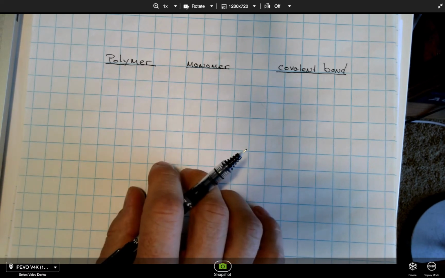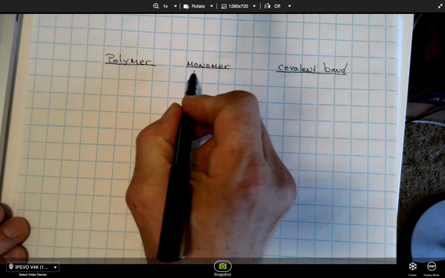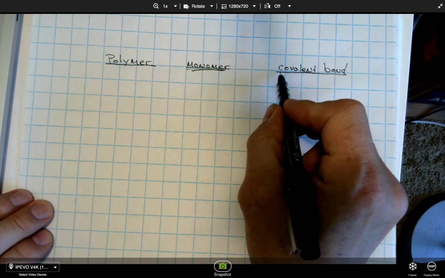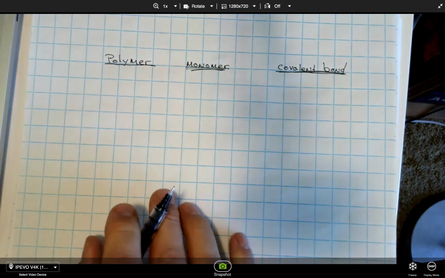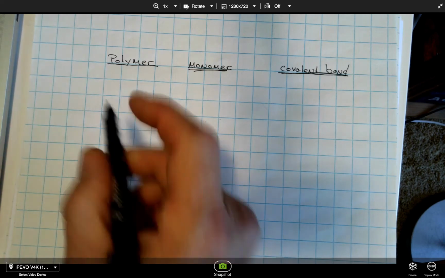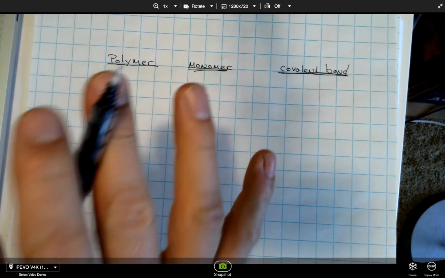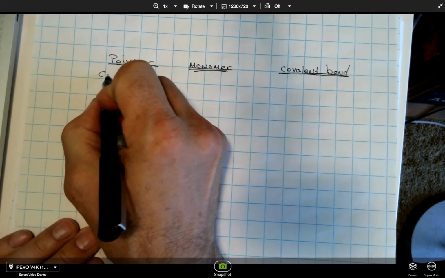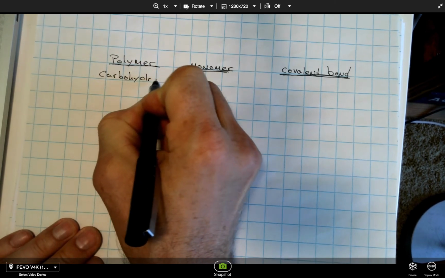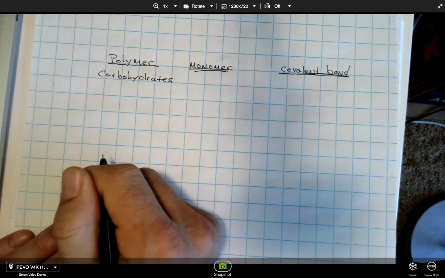And what I want you to do is memorize what the polymer is, what the monomer is, so what we're adding over and over again, and then what's the name of the covalent bond that connects that monomer over and over again. So we have 3 polymers: carbohydrates, which we're going to be learning about now.